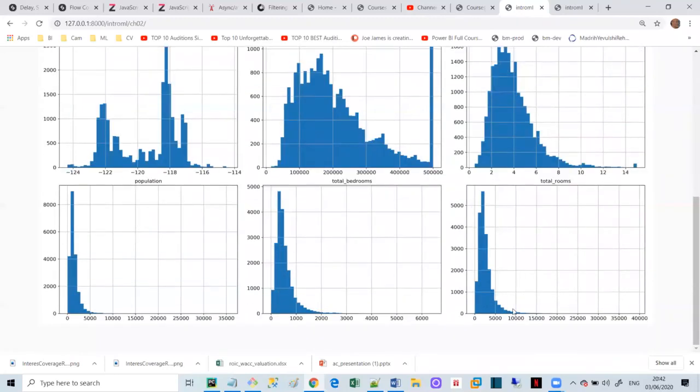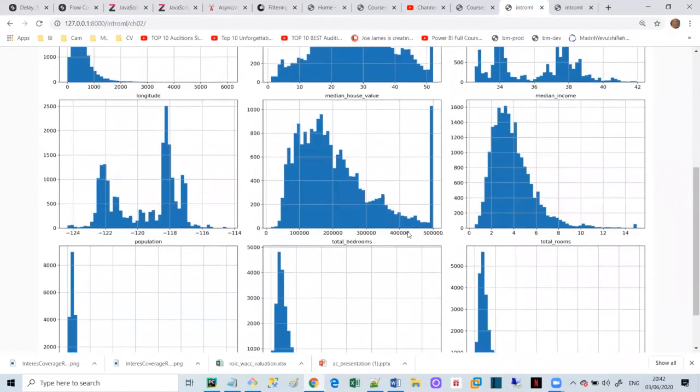Here, almost all of them have that. One way to handle heavy tail, and I won't get into that in this course, is converting the data by taking the log of the data. So in here, I will take the log of the median house value. So instead of using the median house value, I will take the log.